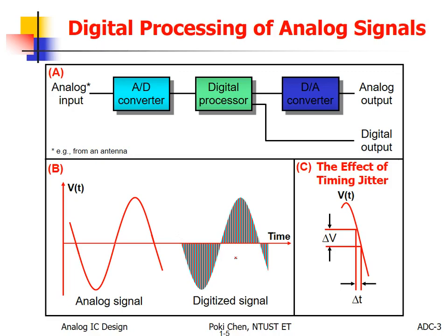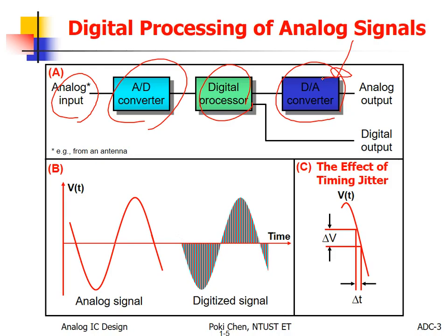Anyway, this is the signal processing flow. From the very beginning, we have the analog input, and after AD conversion, you can do any kind of digital process. Yeah, for compression, encryption, 压缩加密, anyway, all of them. And if you would like to enjoy it, you still need to convert it back to the analog domain.